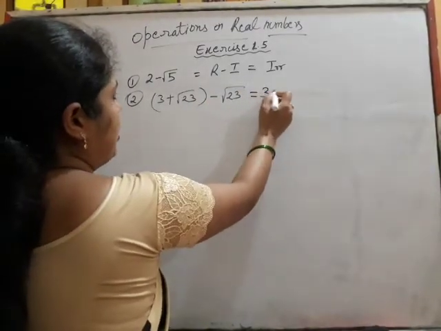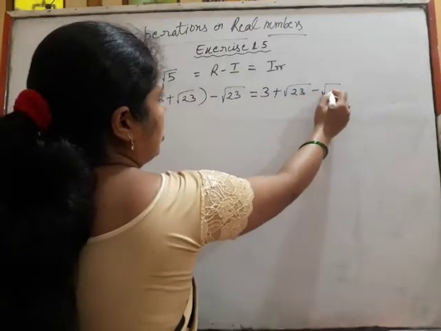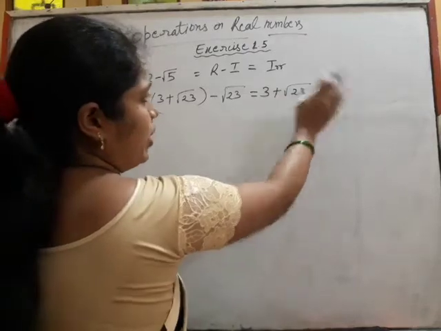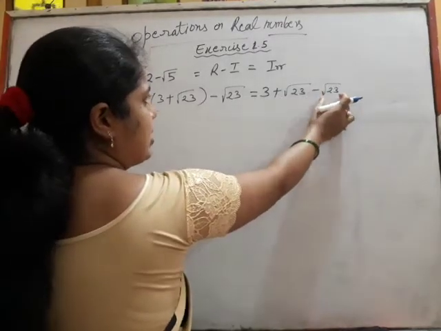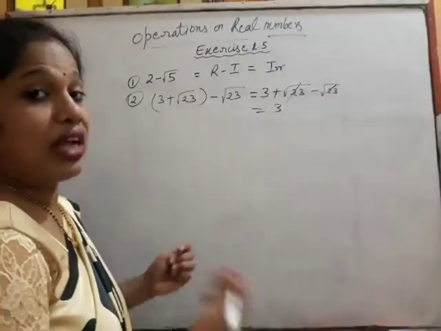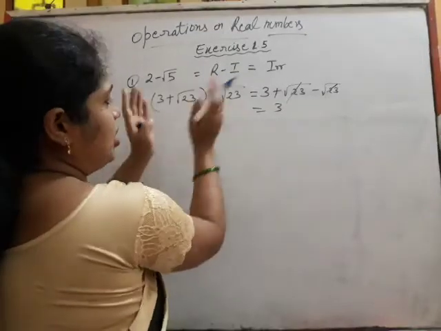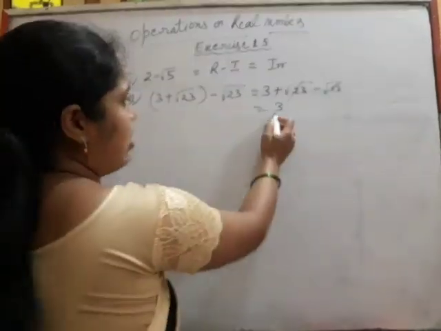When we open the bracket, the plus under root 23 and minus under root 23 get cancelled to give us 3, which is rational. Irrational and irrational have got subtracted to give us rational.